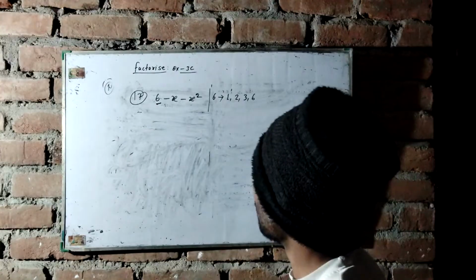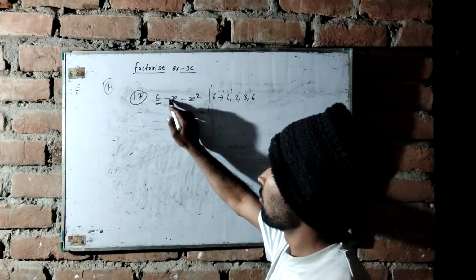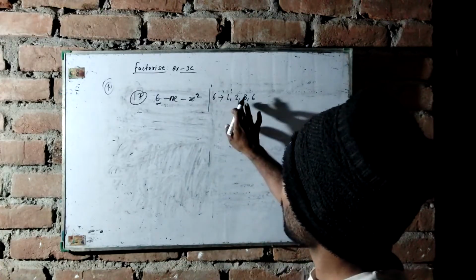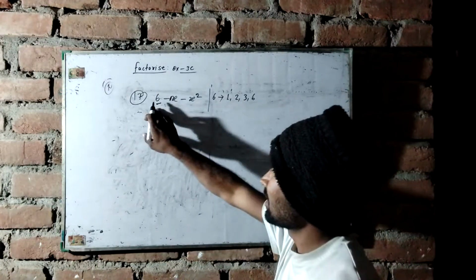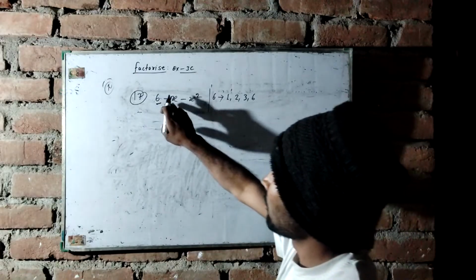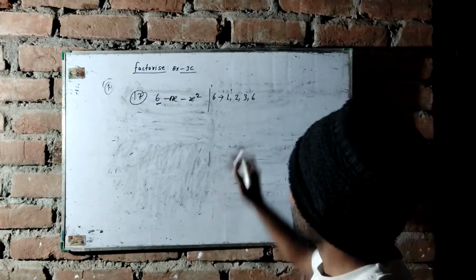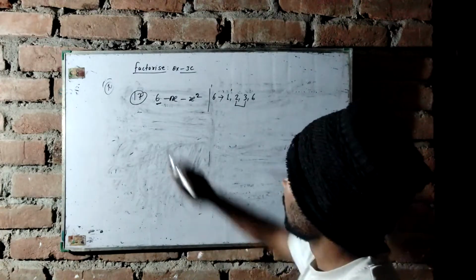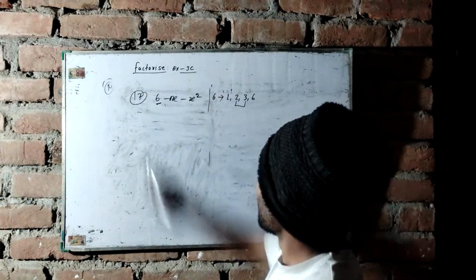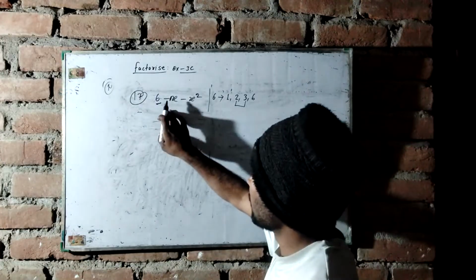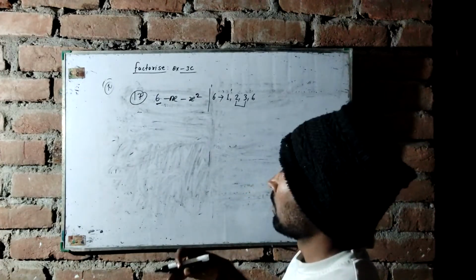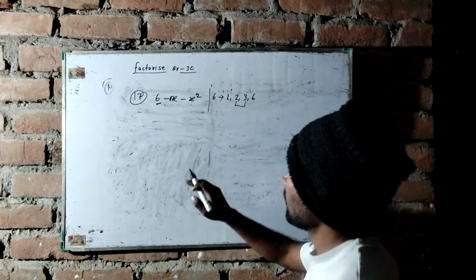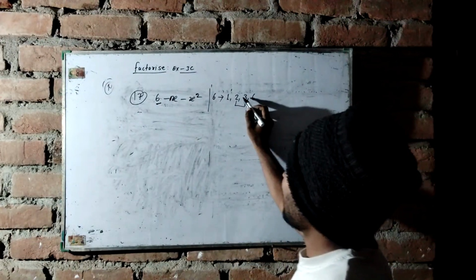Here you can consider 1 as the coefficient, so we have to choose two numbers whose product will be plus 6 and their difference will be minus 1. As the difference is minus 1, we have to take the minus sign with the greater number.